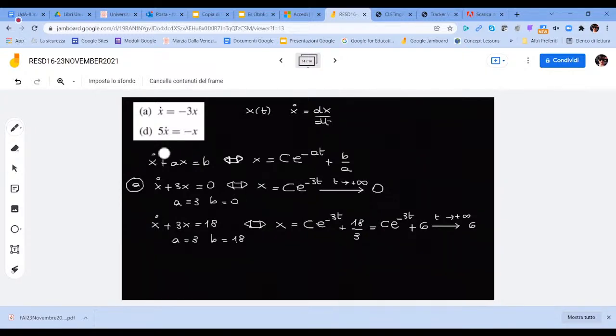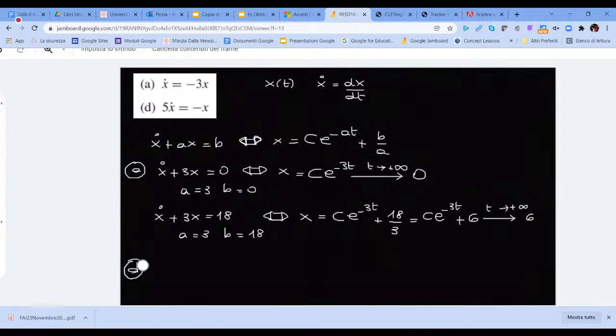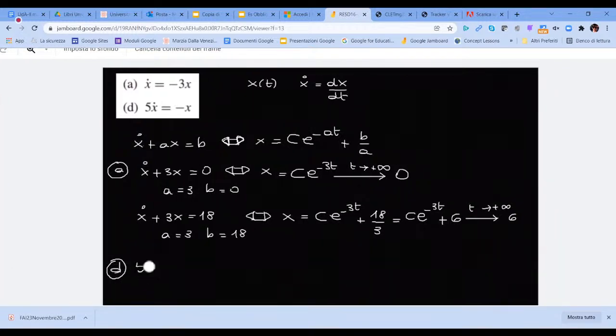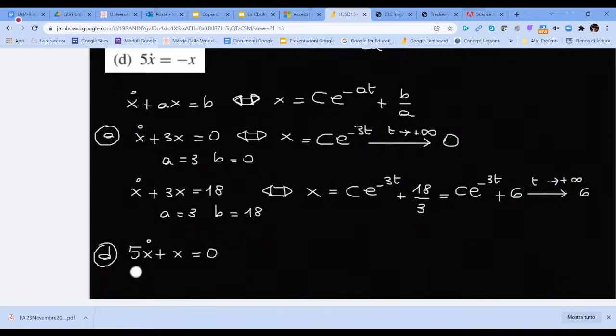Okay, d: 5 x dot plus x equals 0. You can divide everything by 5, and you can rewrite x dot plus 1/5 x equals 0.